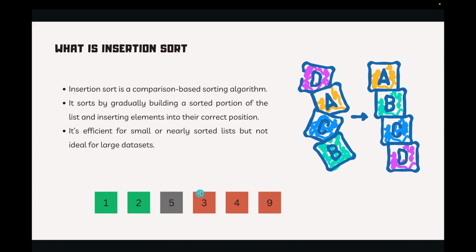Like here you can see below an array in which the green boxes are the sorted part of that array and the red boxes are the unsorted part, and the gray box is where the pointer is pointing for comparison, and we'll see more about these things in the working section. It's efficient for small or nearly sorted lists but not ideal for large datasets, and you will also see the reason in the coming sections.